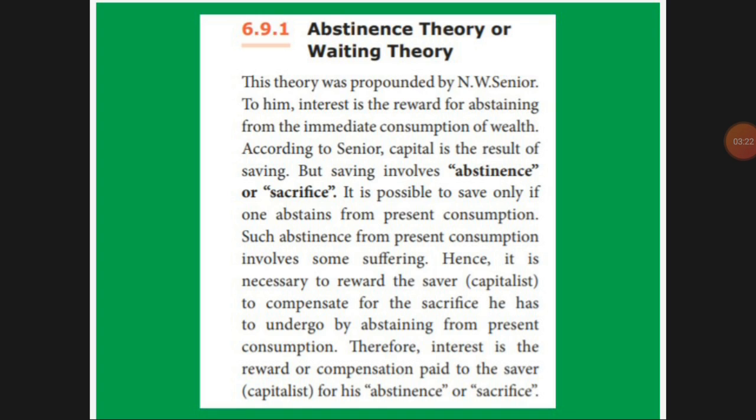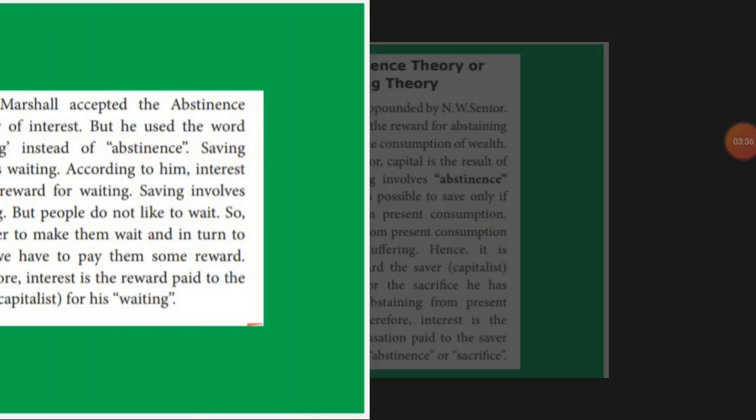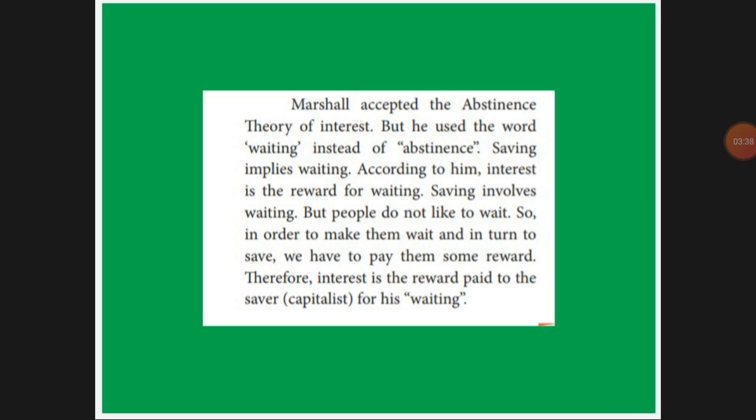So for subsistence or suffering, the reward we pay is called interest according to N.W. Senior. This concept is also accepted by the great economist Marshall. Instead of subsistence, he uses the word waiting.